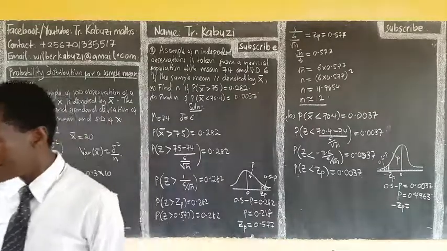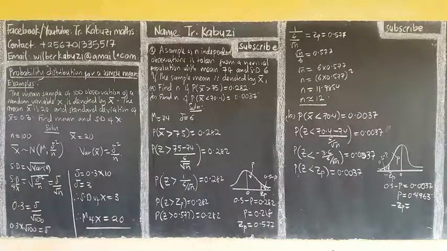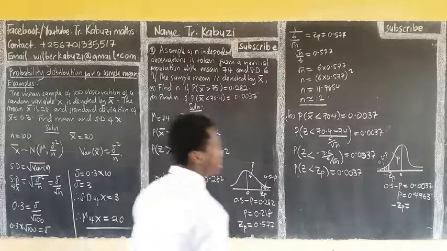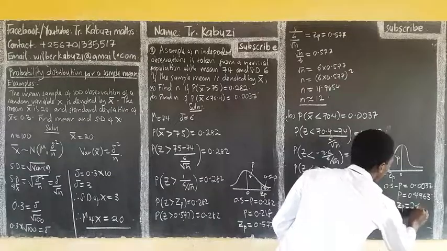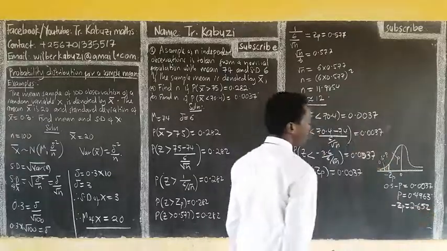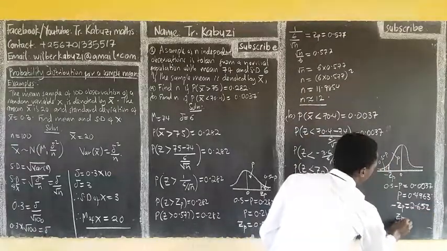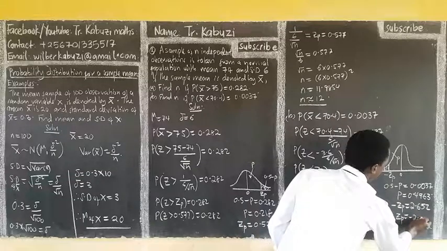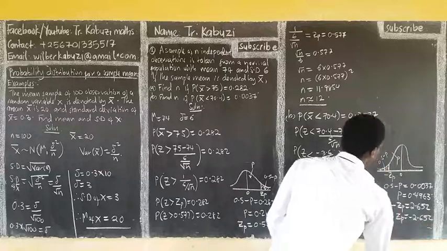The answer I'm getting from my table here is 2.652. So our ZP will be negative 2.652.